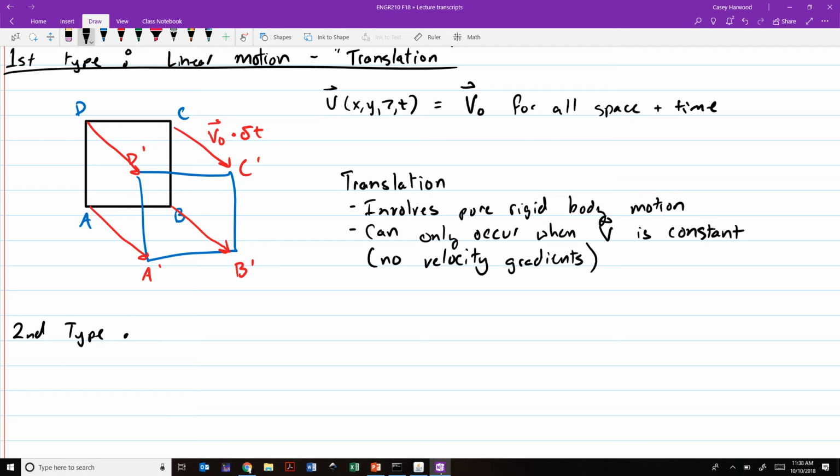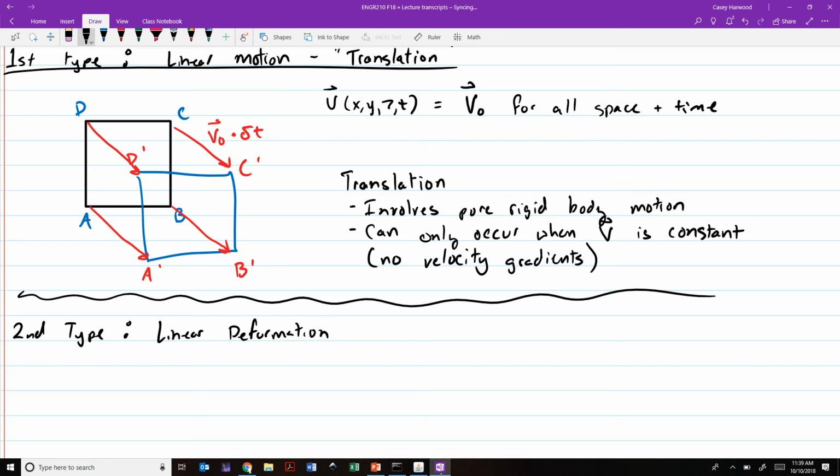Okay, the second type, linear deformation, also called dilatation. It's a pronunciation that is not fairly clear.